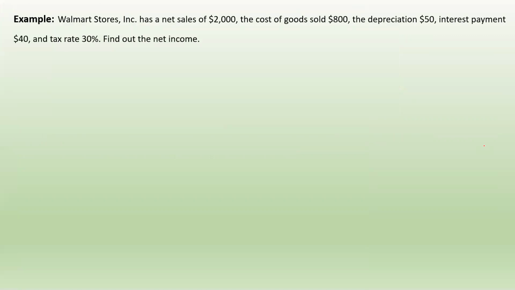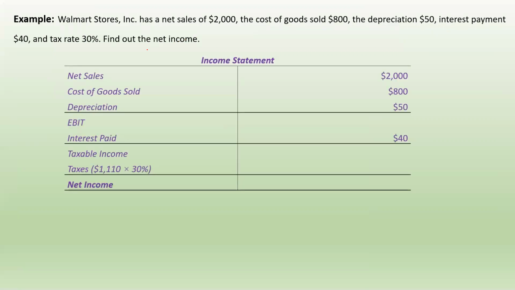First practice: Walmart Stores has net sales of 2,000. It gives you the cost of goods sold, depreciation, interest payment, and tax rate, and asks you to find the net income. So we just prepare an income statement. Net sales is 2,000. We subtract the cost of goods sold and depreciation.